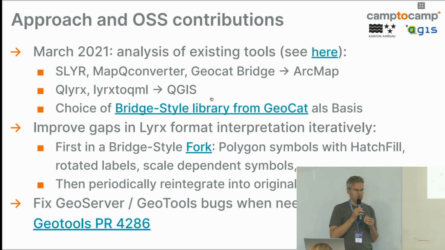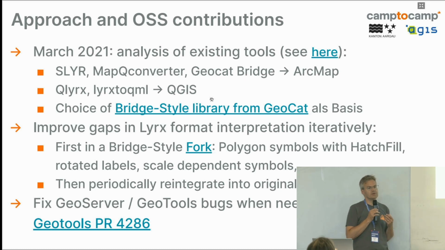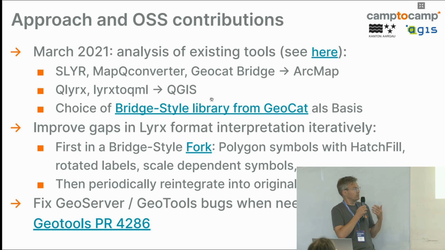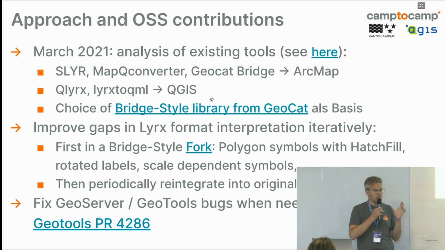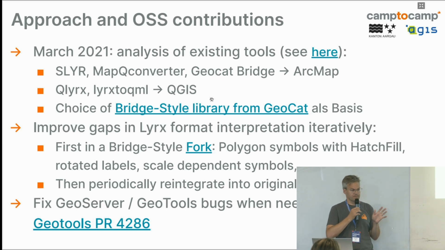So we started with the project about 2.5 years ago, and in March we finalized our analysis and found that at that time there were no tools that could do that. There's a bunch of tools that talk about converting ESRI formats to open formats.